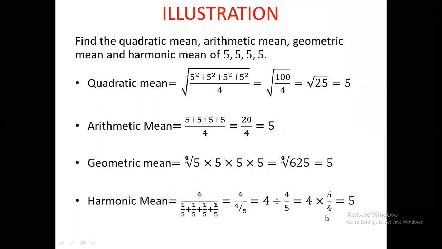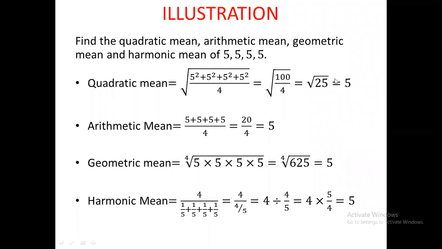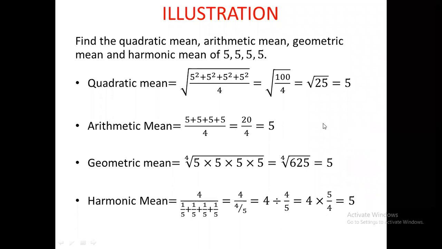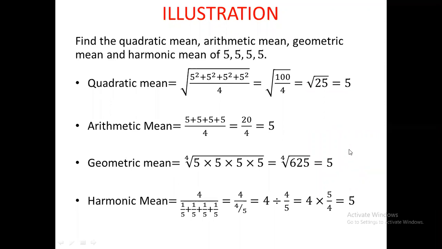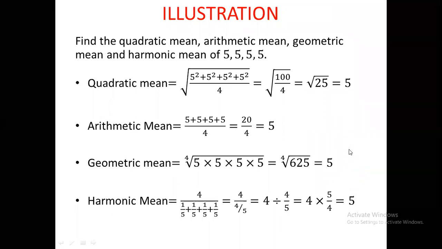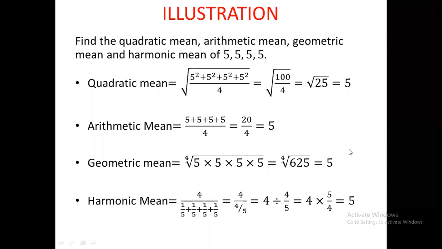Now, one thing I want you to observe very quickly is that we got the same values, 5, 5, 5, 5. And this is one aspect I want you to take notes very strongly, because we're going to see it strongly in subsequent classes. And what is the idea I want you to get from here? That when the values or the observations you're given are equal in value, the various means yield values that are equal.